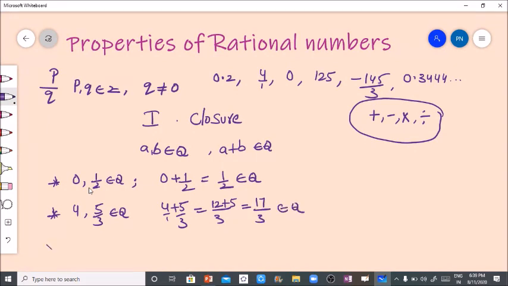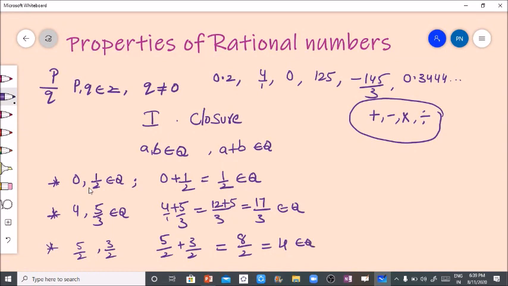And next, 5 by 2, comma, 3 by 2. These two are rational numbers. So 5 by 2 plus 3 by 2. These are two like fractions, so we can add directly. 5 plus 3 is 8 by 2. So 8 by 2 is 4. 4 is also a rational number.